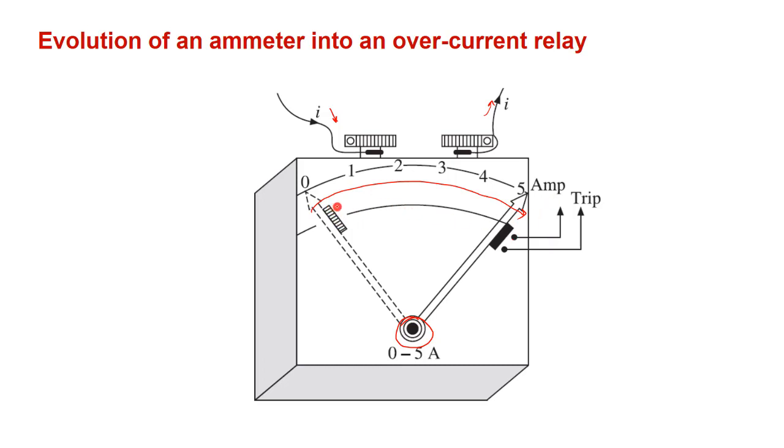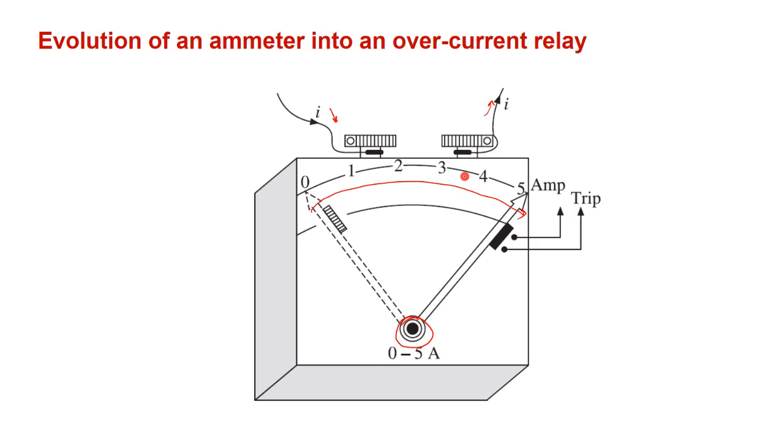Because we want to reduce the weight of this needle, and also in order to set the time setting, certain more arrangements have been made to modify this ammeter arrangement into an overcurrent relay. We call it the aluminum disc overcurrent relay, where we generally have two settings.